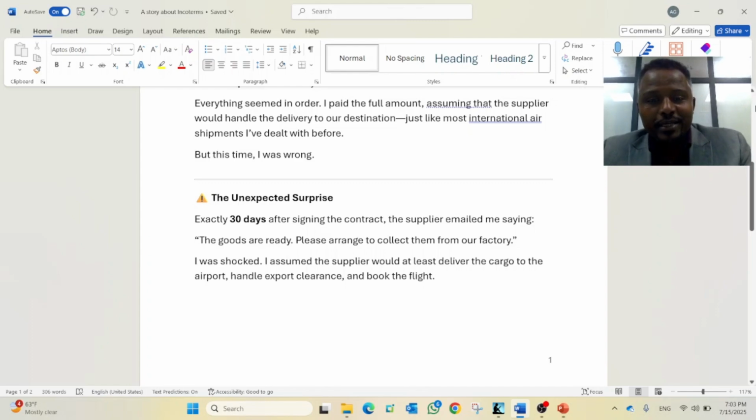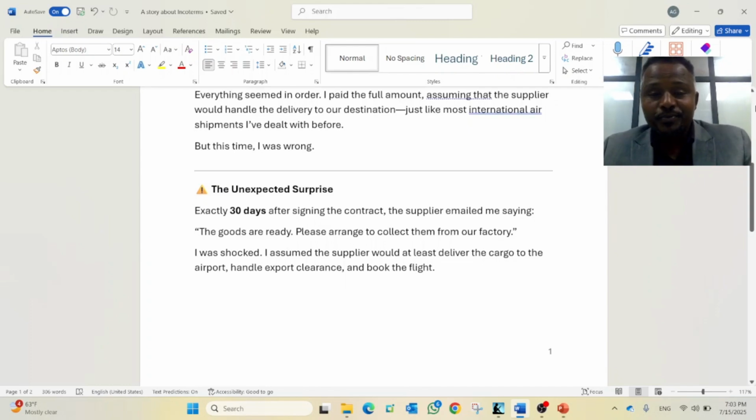I was shocked. I assumed the supplier would at least deliver the cargo to the airport, Beijing airport, handle export clearance, and book the flight. That was my assumption. Once the goods were ready, I thought the supplier would transport the goods from its factory to the airport, handle the customs clearance, and also book the flight for the shipment.